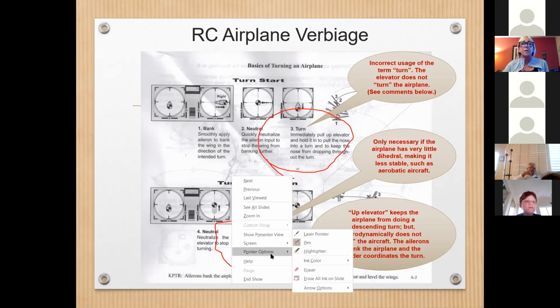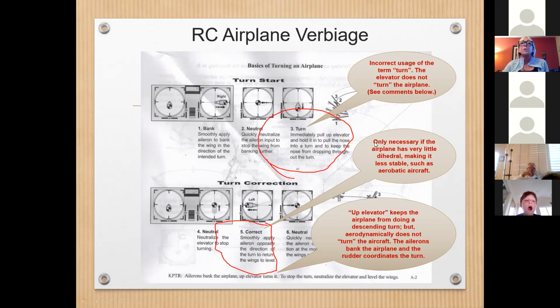So let me go back to the arrow. What I say here, I put in this note, what he's talking about, he says smoothly apply aileron opposite the direction of the turn to return the wings to level. And I say that's only necessary if the airplane has very little dihedral, making it less stable, such as an aerobatic aircraft.